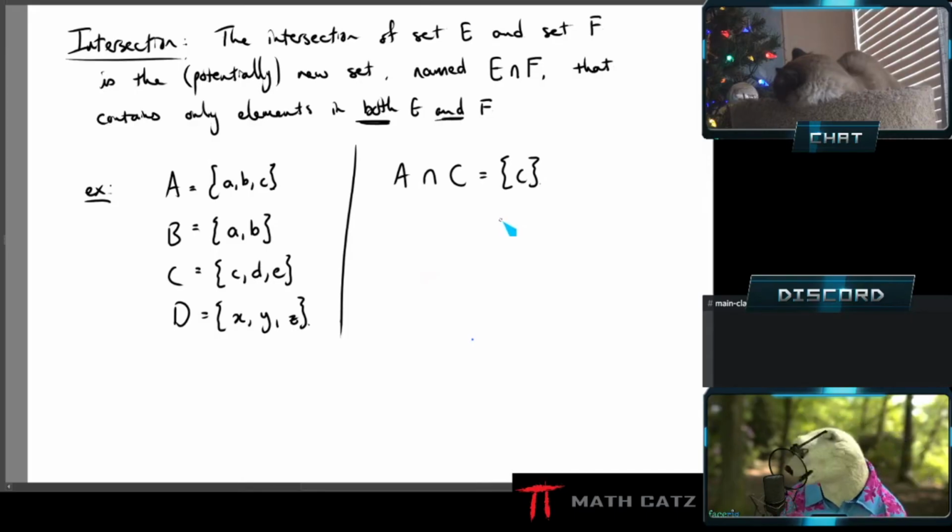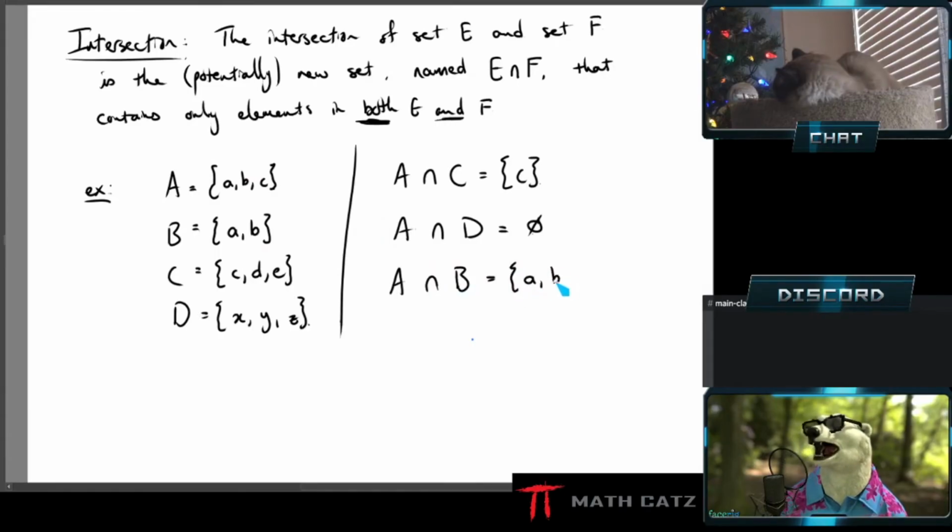So you can exchange this word for overlap if you want to think of what this is, but officially it's called intersection. If we look at A intersection D, it's what they have in common. They don't have anything in common. There's nothing in the empty set. A intersection B, what they have in common are the elements a and little b.